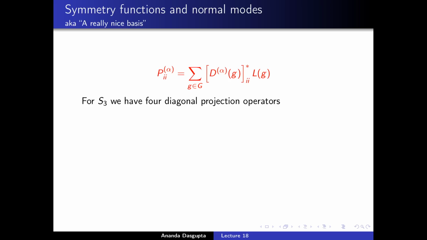The weighting factors are actually complex conjugates of the ith element of the alpha-th irreps matrix representatives. Each operator that is acting on your vectors in the current representation, you multiply them by components which you take from the irreducible representation matrices.